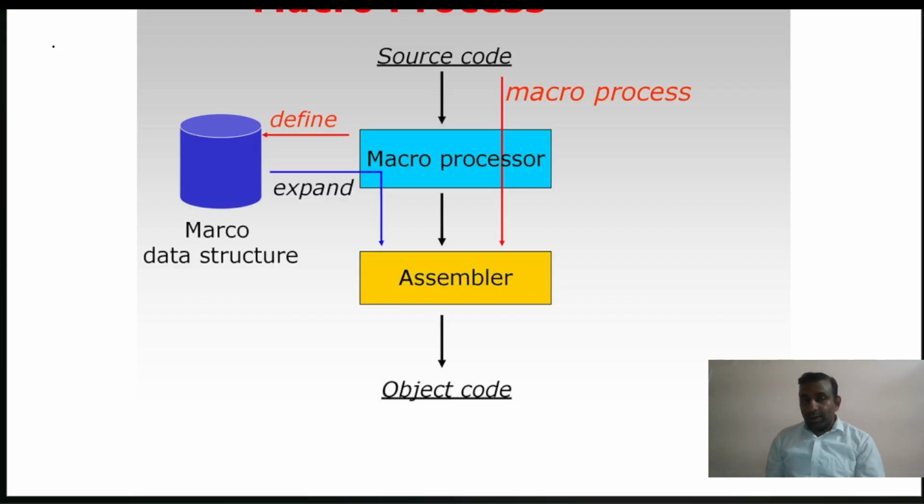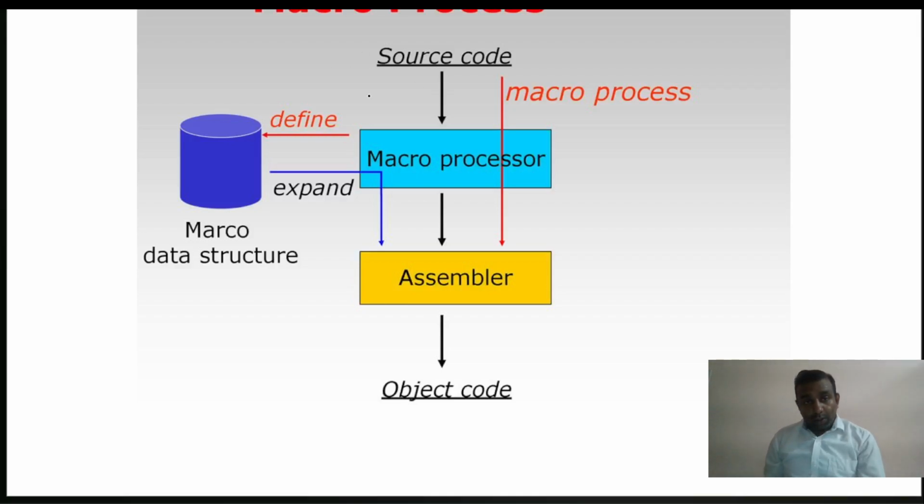So we will make one function or macro for the lines of code which are repeated again and again, and whenever we are required to execute those lines, we call this macro. How a macro differs from a procedure or function and how it works, we will see in this video.